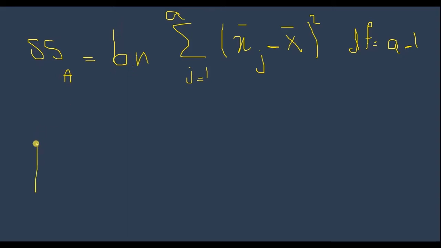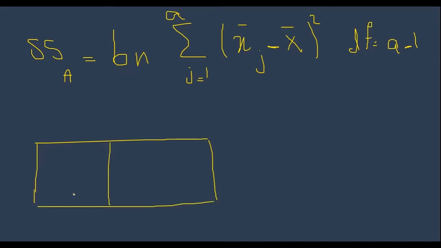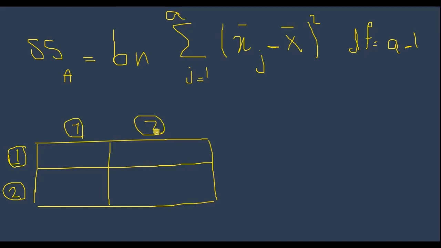Okay, so what we had in here was something like this. First level of factor A, second level of factor A, first level of factor B, and second level of factor B. B is the number of factors, so this is for A, let's say, and this is for B. So this is the number of levels for factor B, which is 2.